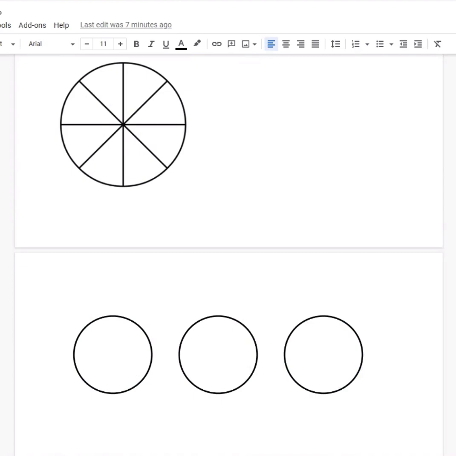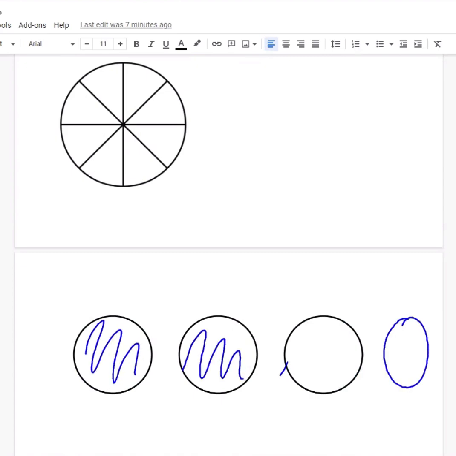Let's say we have 4 circles and we color all 4 of them in, but one piece is 1 whole. That means we have 4 over 1, and 4 over 1 equals 4. 4 divided by 1 equals 4.